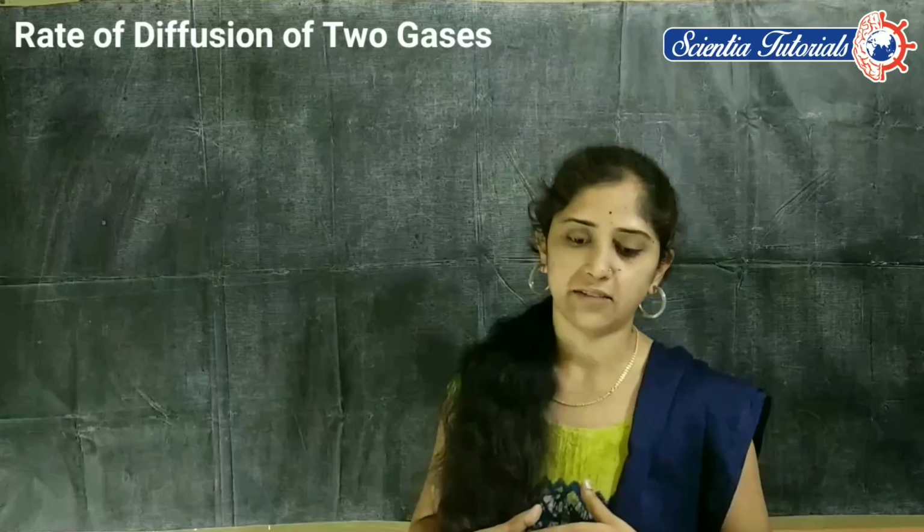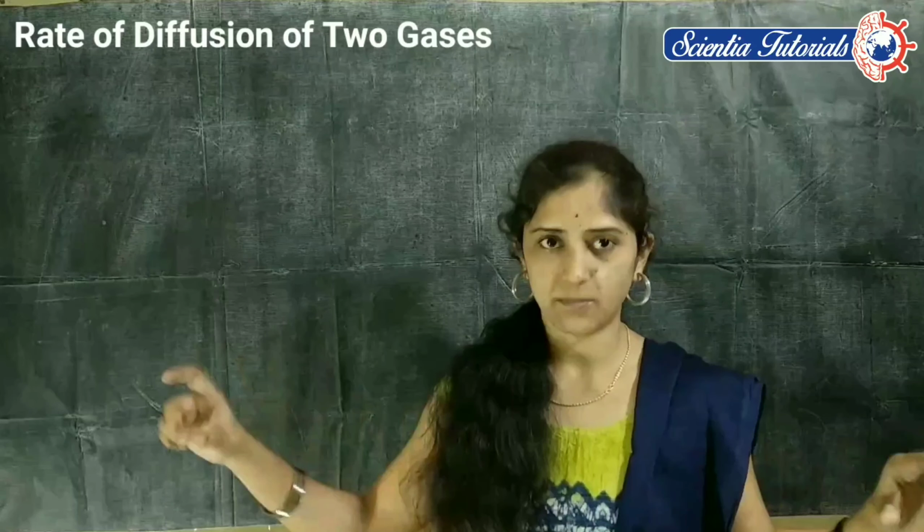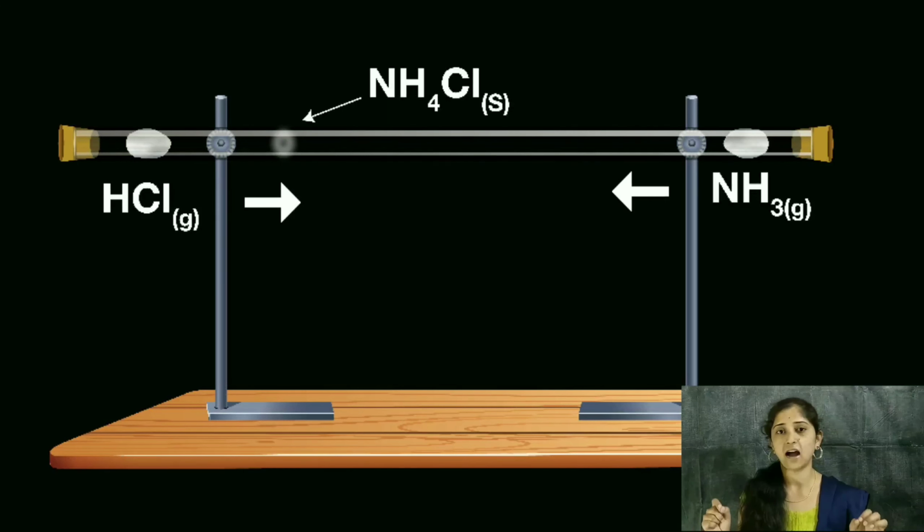We need one long glass tube, nearly 1 meter long, and this is a hollow glass tube, meaning both ends of the glass tube should be open. We also require two rubber corks, one retort stand to fix the long glass tube, and two beakers to hold the two solutions: ammonia solution and hydrochloric acid solution.